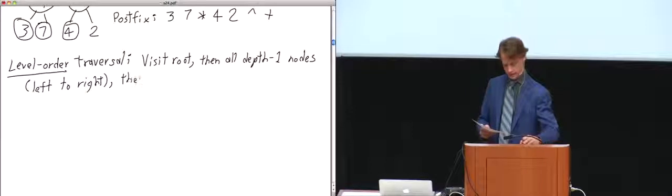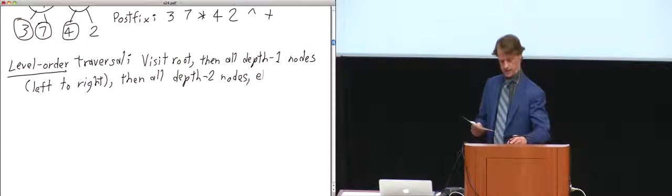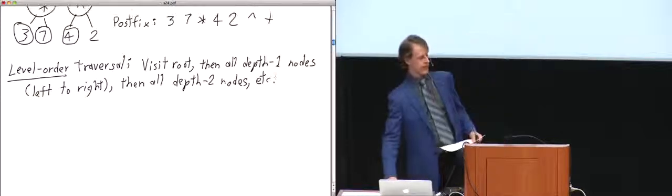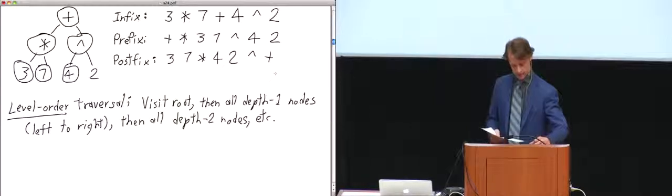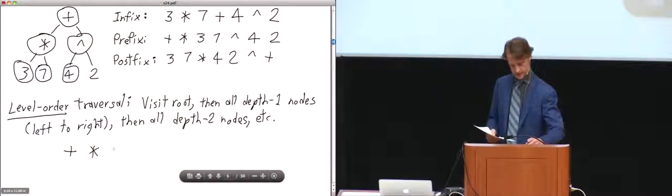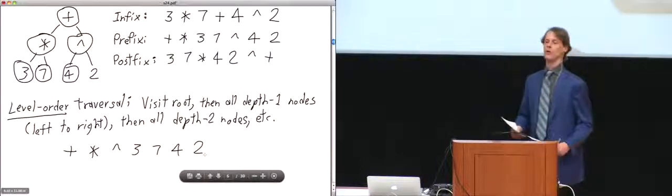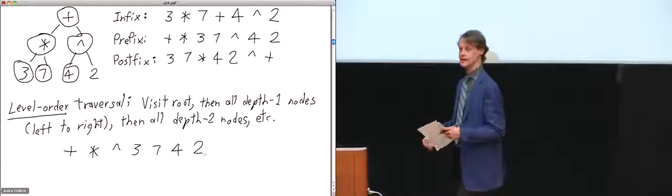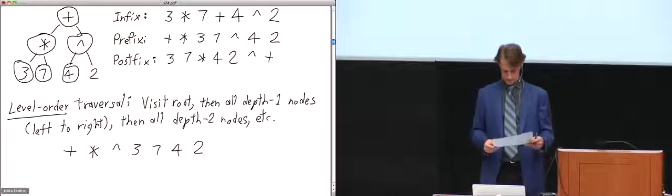Then all the depth 2 nodes. And then all the depth 3 nodes and all the depth 4 nodes and so forth. So if you take this tree we were just looking at and you do its level order traversal, then that would be plus times exponent 3 7 4 2, which is not meaningful for this particular tree, but that's what a level order traversal is. And in a few minutes we'll see something where a level order traversal is actually useful.